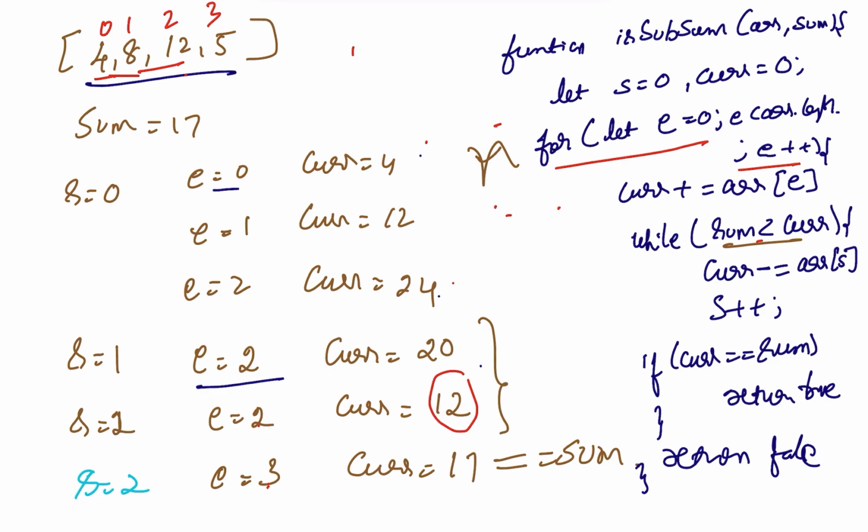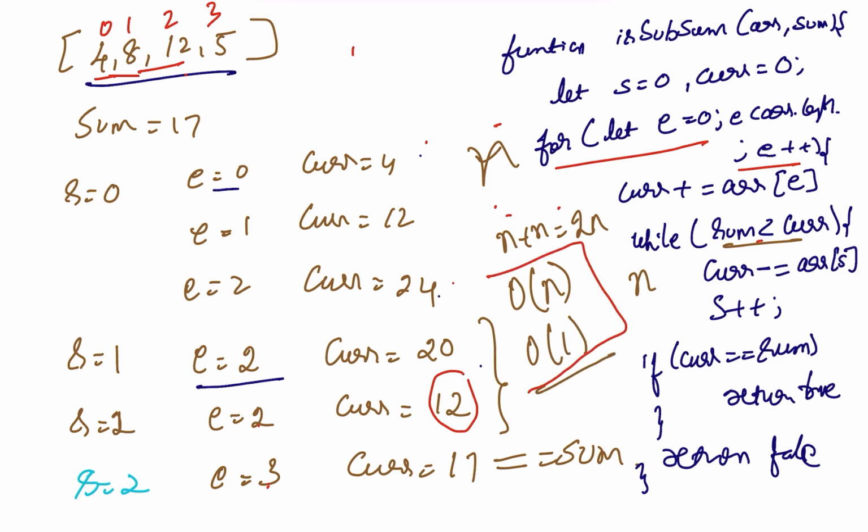So max in the worst case, it's going to have n extra iterations, that is n plus n, which is 2n. 2n can be represented as big O of n time complexity, and the space it's going to take is big O of 1. So we can say this is the most optimized solution, and this is how we can solve this problem.